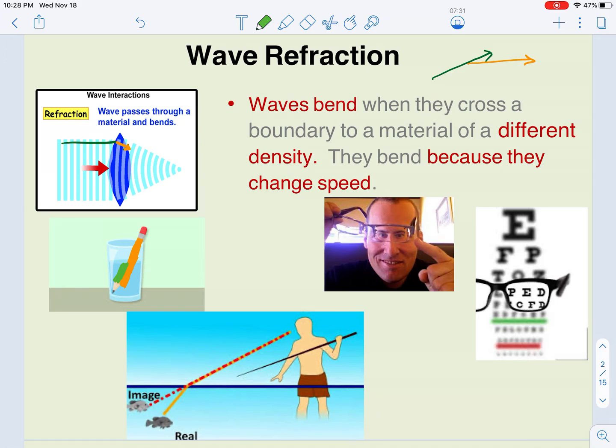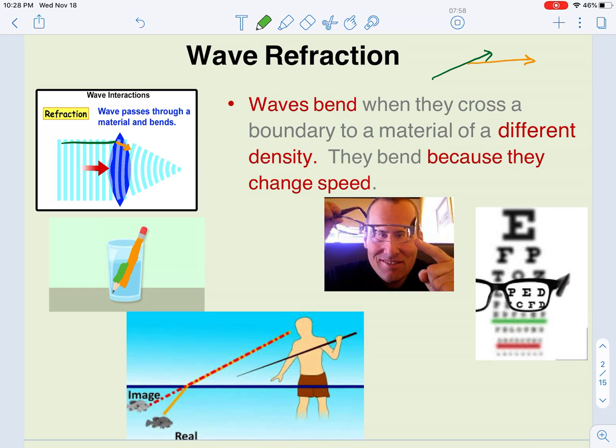But in this particular case, the lens is also curved. So the fact that it is a curved lens is going to also cause the path of the light to change. And in this case, it shrinks down the image, and that's why the man's eyes look tiny in the lenses, which is rather comical on his regular size face.